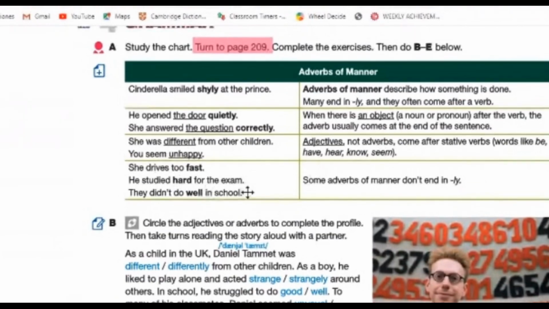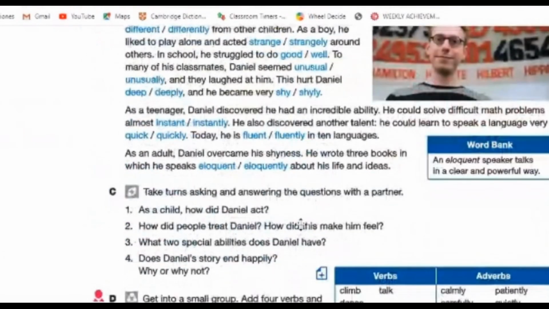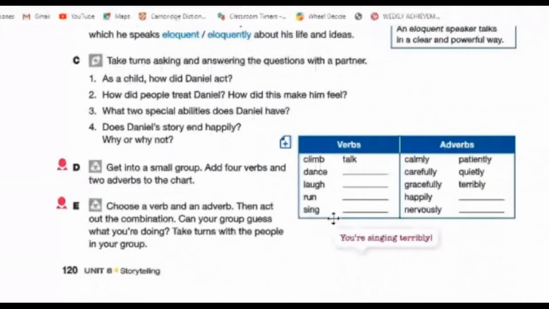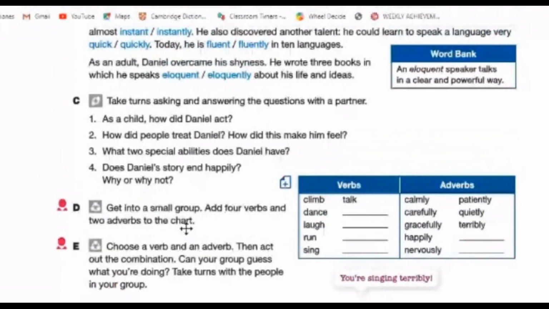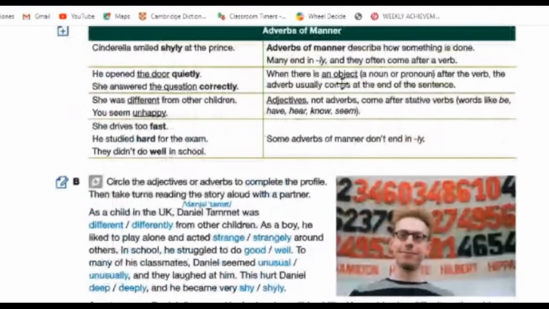Okay? So let's see. Pay attention. Teacher, todo adverbio va después del verbo, ¿no? Siempre. Sí, generalmente va después del verbo, salvo que tengas un objeto que al final va, ¿no?